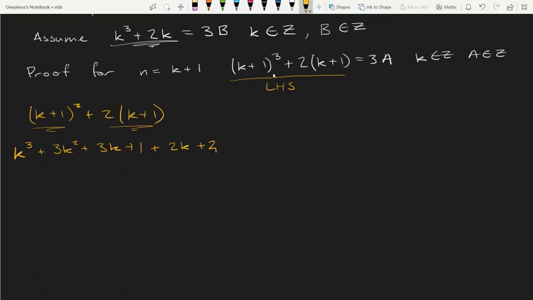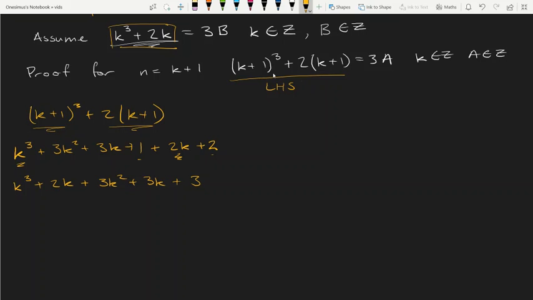Now, what we're looking for is this term, k cubed plus 2k, so let's arrange them so they fit together. So it's k cubed plus 2k, and we can stick on there 3k squared plus 3k, and our 1 and our 2 make plus 3 because we can just add these two together.